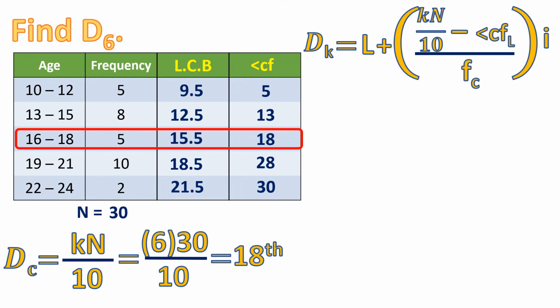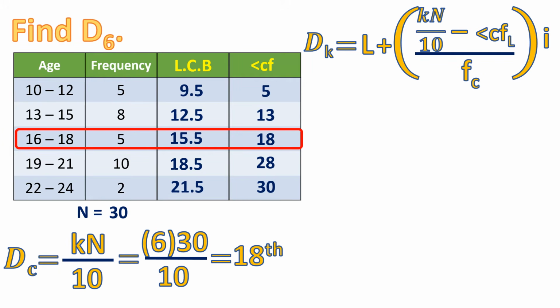So you don't need to decide which among the two numbers, because it's exact 18. As long as it's exact, we're going to choose that. But if there is a decimal, let's say 18.0001, even if it's just a very small difference, you're going to choose the next number. So that's the rule for that.